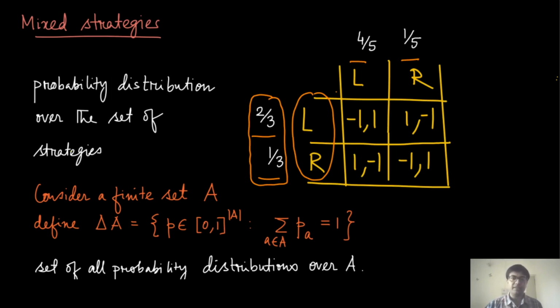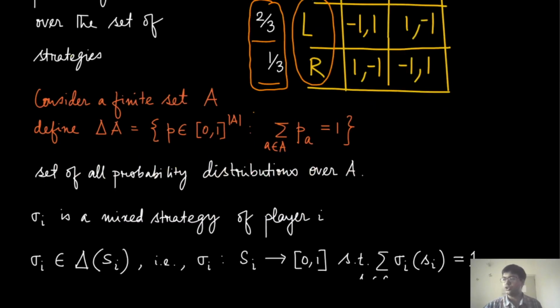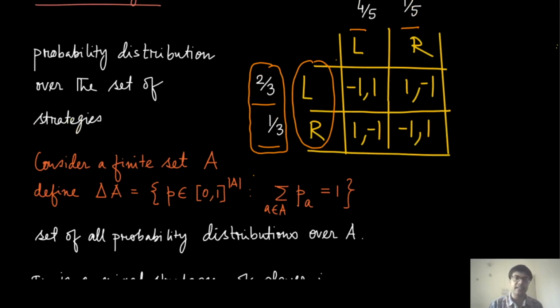So in order to make this idea a little more formal, let us introduce some notation so that we consistently use the same thing. So let us consider a set A, and for most of this lecture and in this course, we'll be only dealing with finite sets of actions.